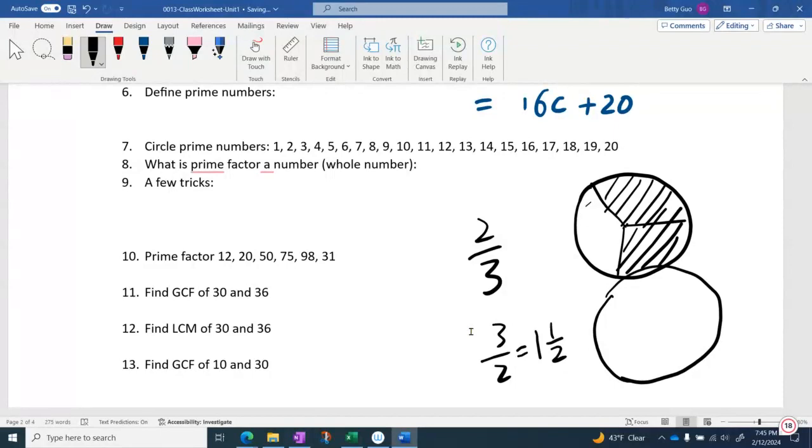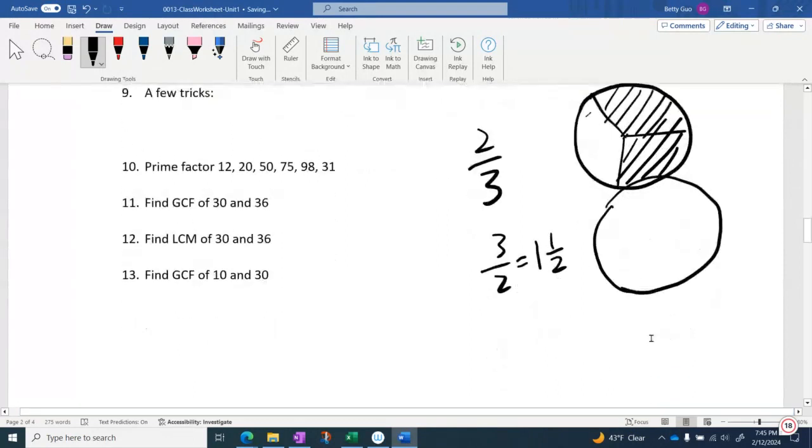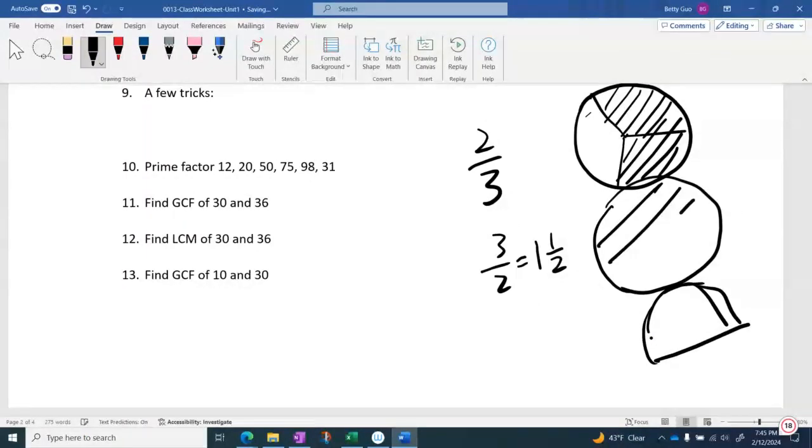It represents 1 pizza, and another half pizza. They are very different, right? 2/3 is just a part of one pizza. 3/2, once you switch the numerator and denominator, you have one pizza and an extra half pizza.